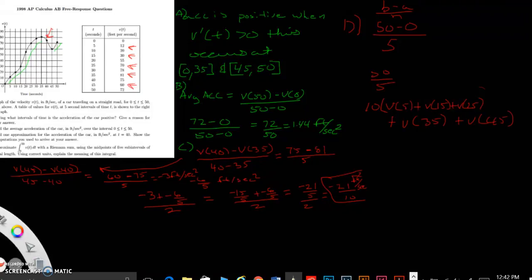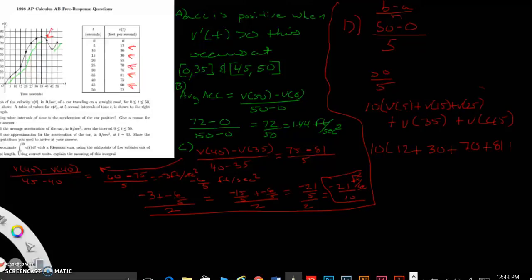So now when you do this, you're going to get 10 times, what's v of 5? 12. Plus v of 15 is 30, plus v of 25 is 70, plus v of 35, I believe that's what I'm on, is 81, plus v of 45, wow, this is tight.